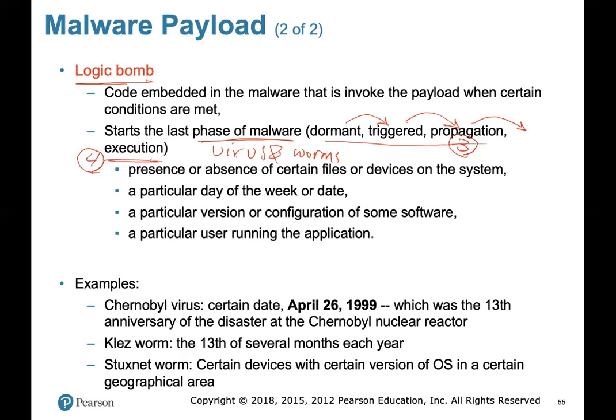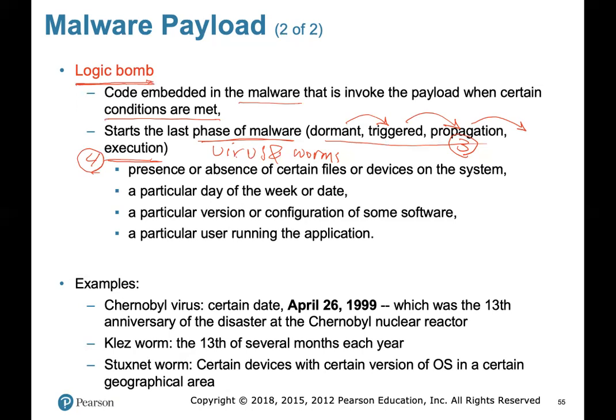Most of the time, when we are in the propagation, there is something called the logic bomb, which is basically a piece of code embedded in our malware that invokes the payload when a certain condition is met. When a certain condition or a set of conditions are met, the logic bomb initiates the transition from the propagation phase to the execution phase.